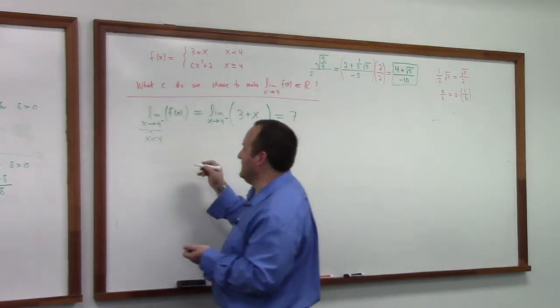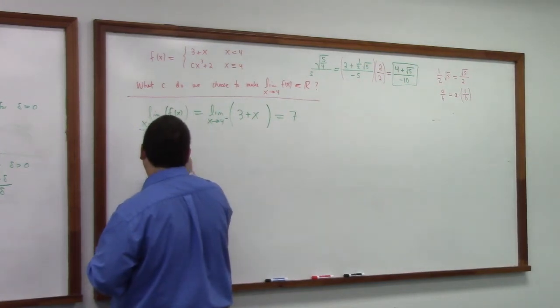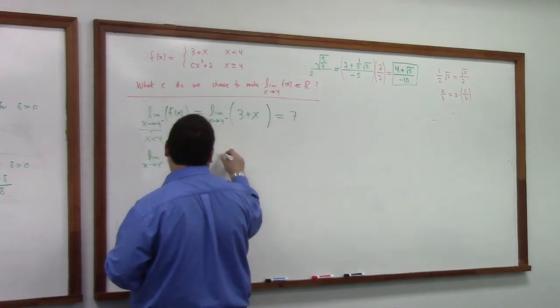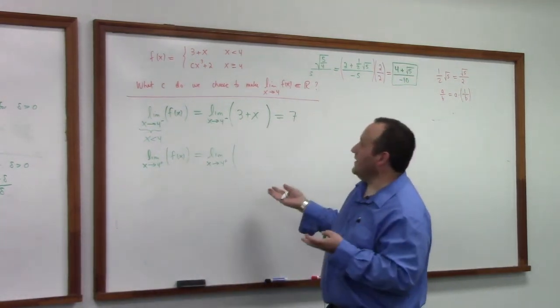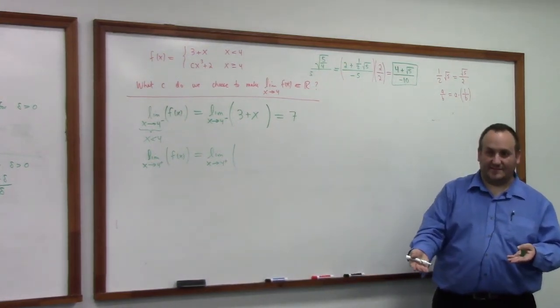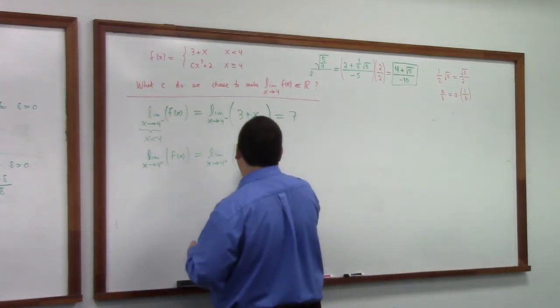Now, how about the other side? What's the limit as x approaches 4 from the right of f of x? Now I have x greater than 4 in the limiting process, so I use the other one, c x cubed plus 2.